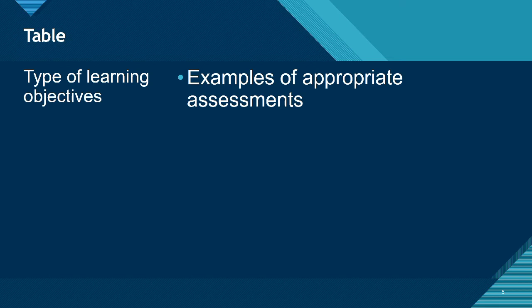For the types of learning objectives, for us teachers, this is what we call the behavioral skills that our students should achieve. So first, we have recall, recognize, and identify.